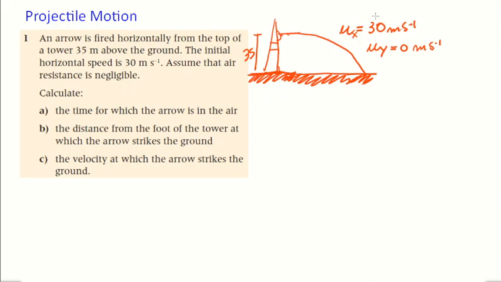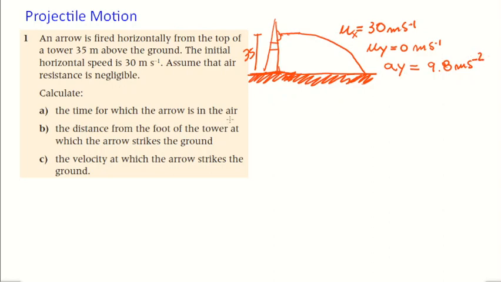There's no acceleration on the horizontal movement, however there is on the vertical movement. So if we assume that downwards is positive, my acceleration on y would be 9.8 meters per second squared.